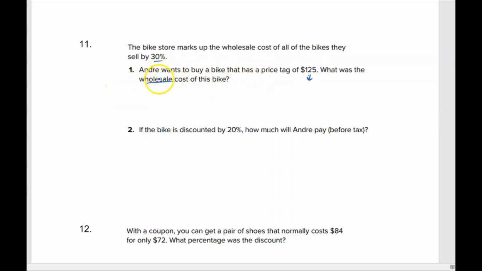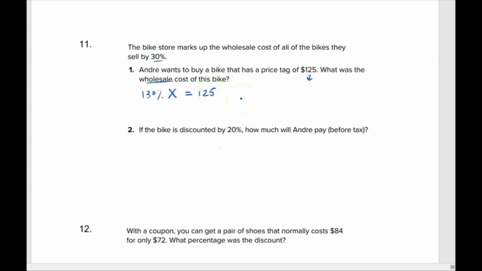So what's the wholesale? The wholesale, again, should be cheaper than $125 because this is after they marked it up 30%. So kind of very similar to that problem we talked about before, you are actually paying 100%, which is what the wholesale would be, plus they charge 30% up. So you're actually paying for 130% of this bike. If we multiply that by our wholesale, we come up with what the price tag says, $125.